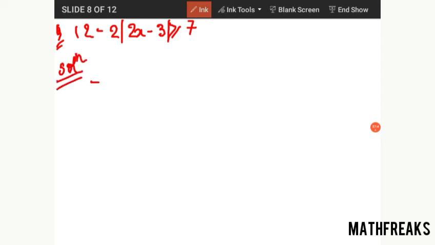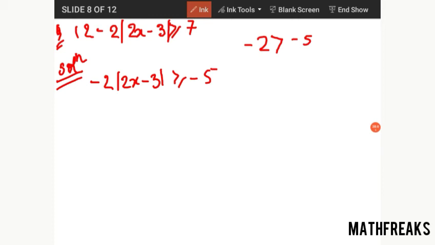So again, minus of 2x minus 3 is greater than or equal to minus 5. Now one thing that I want to make clear is, if I say minus of 2 is greater than minus of 5, correct?